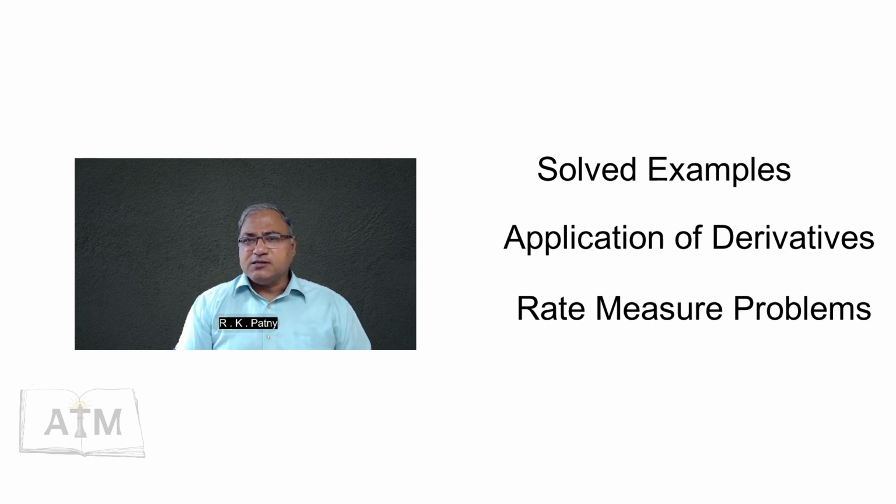And the second thing is, when water is flowing through a pipe or water is being dropped into a certain container, at what rate the speed of water is changing, at what rate the volume of the water is changing, or at what rate the radius of a balloon is changing. All these things we can easily find out by using derivatives. So stay with me till the end of the video to solve many problems based upon the rate measure, that is application of derivatives.